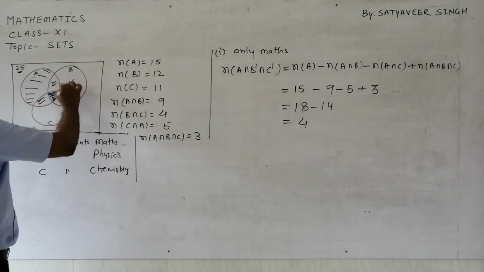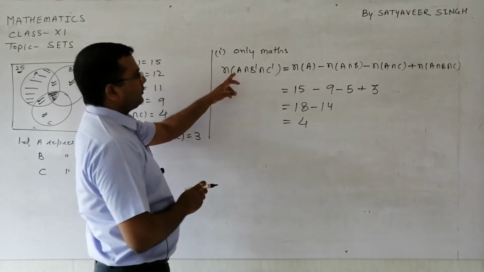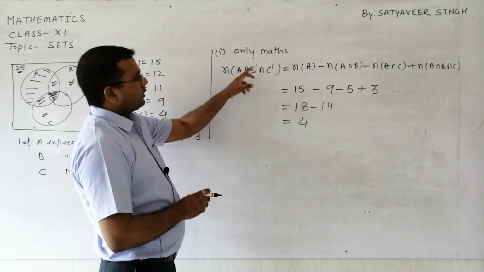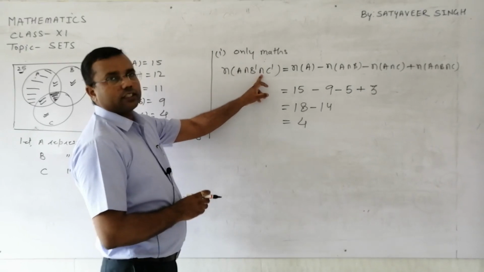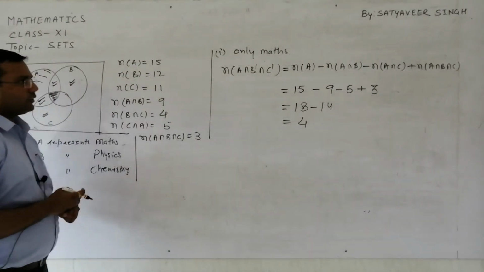Similarly you can calculate those who like only physics or only chemistry. For only physics, you will write B intersection A complement intersection C complement. According to that you can calculate.